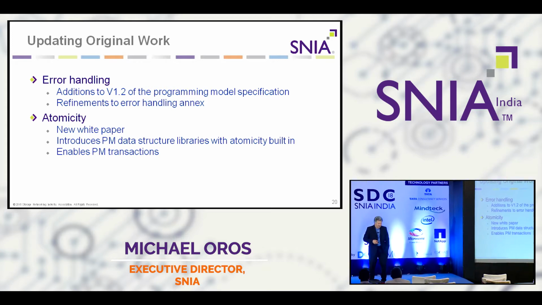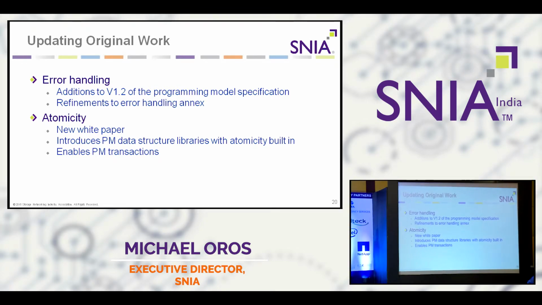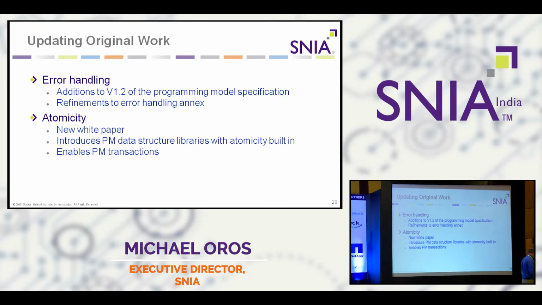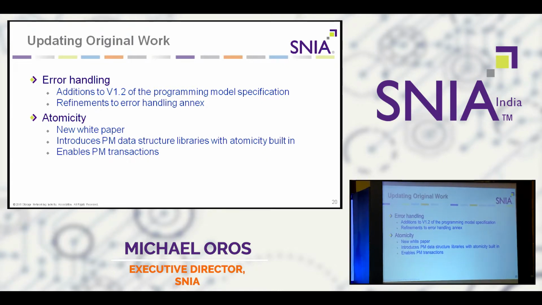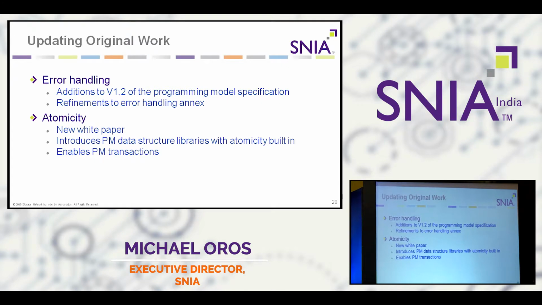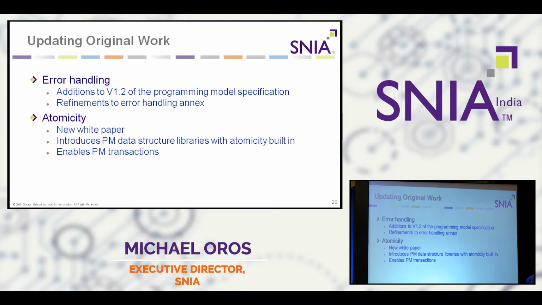Of course, no work is ever perfect from the first instantiation or release, so the technical work group is continuing to update some of its original work. Some of the things that they've done and continue to look at is how you do error handling with persistent memory.